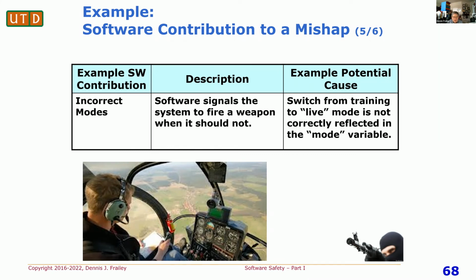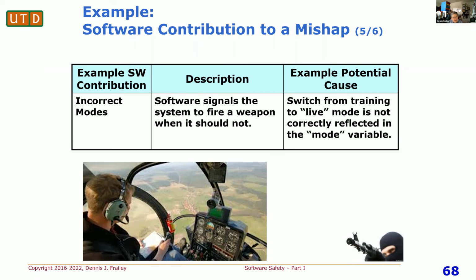So the software has two modes. It's in operational mode where everything you do actually causes the helicopter to fly or whatever. And you have a training mode where everything is designed to behave as though the helicopter is flying, but you're actually not doing any flying. You're just training people on how to use the helicopter, how to fly it.